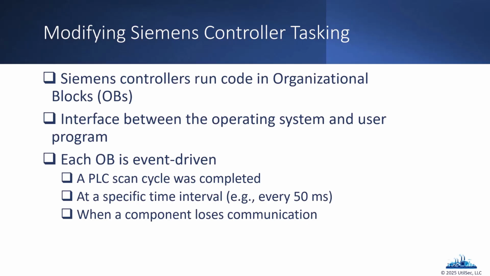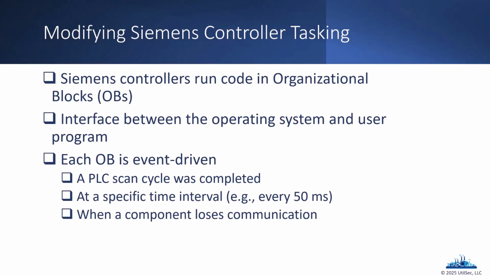We're separating the operating system versus the applications that run on top of the operating system. But these OBs, the organizational blocks, essentially come together to allow the PLC to run through the PLC scan cycle. Remember the four steps, right? As we go through input, bringing in the data from the sensors, then running the logic on that data to determine, do we have any changes in the environment that we need to make through outputs, and then into housekeeping.